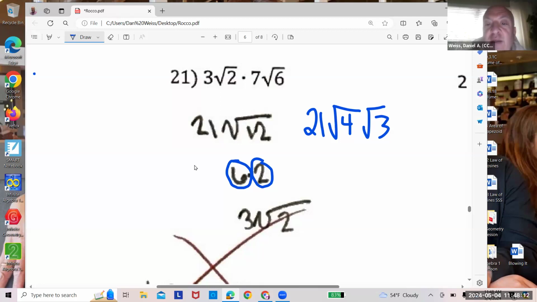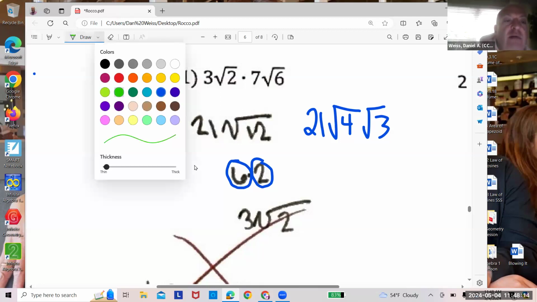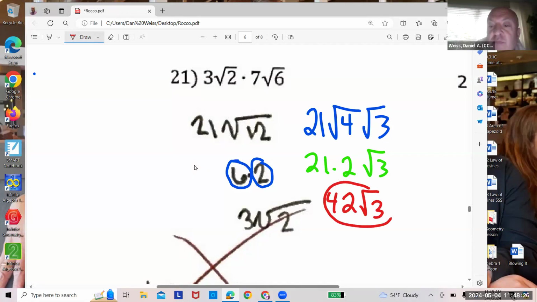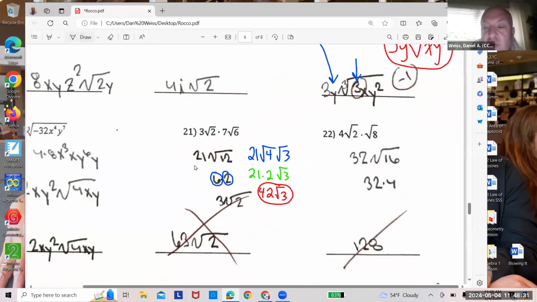So you would get 21 times 2 square root of 3. Your answer is going to be 42 square root of 3. Okay, that's that one.